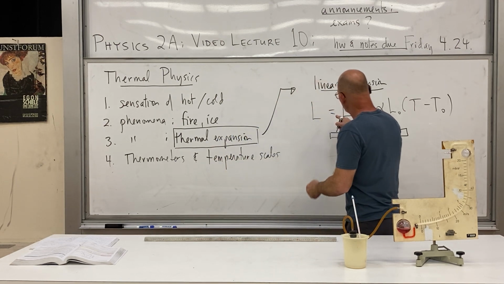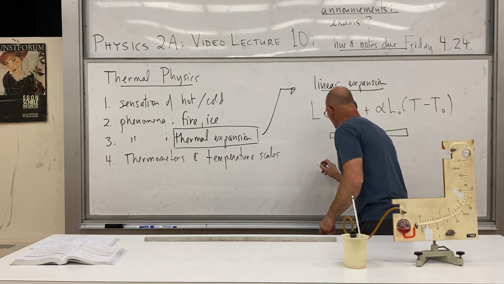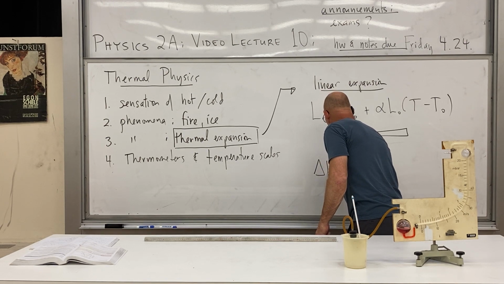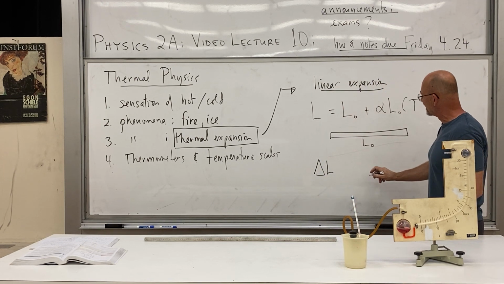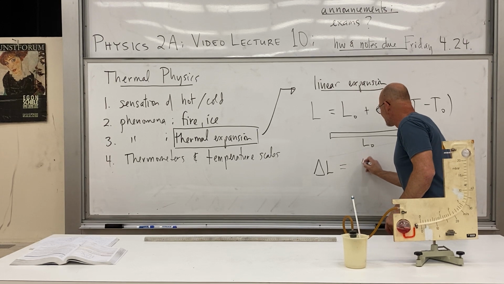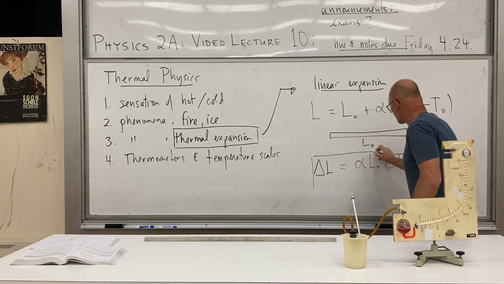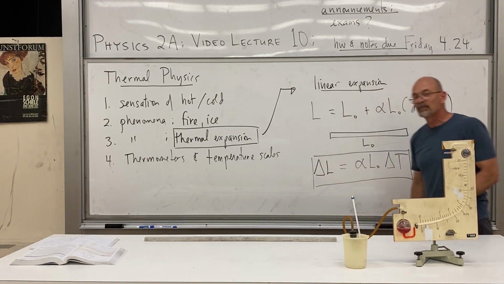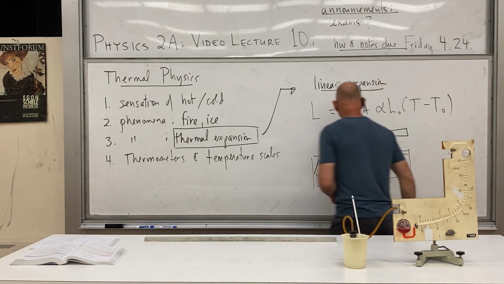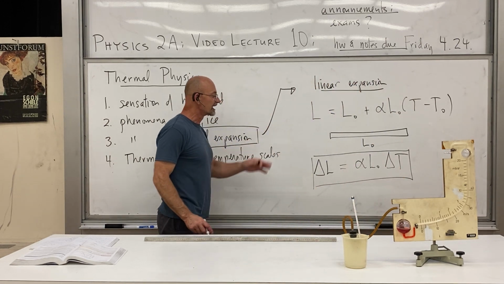Now, we can also subtract the L0 over and write it this way. L minus L0 is delta L, and that's alpha L0 delta T. So this is a more compact form. I'm going to recommend a couple of problems in the homework where we just plug in some numbers.